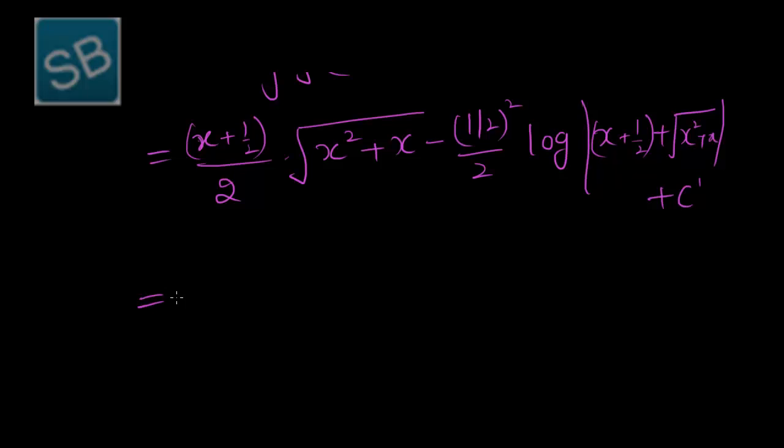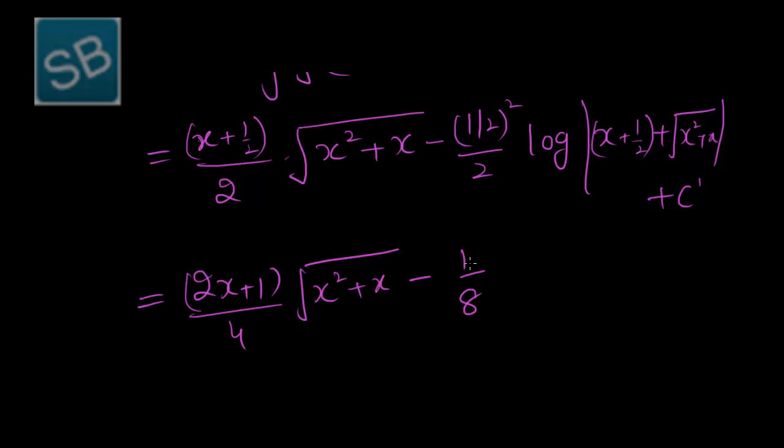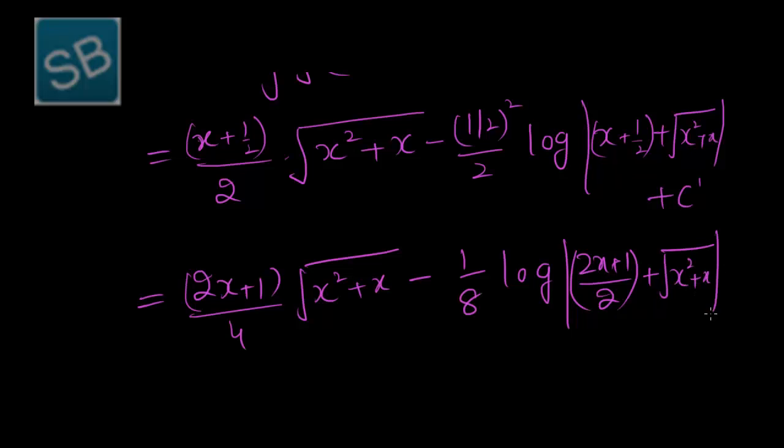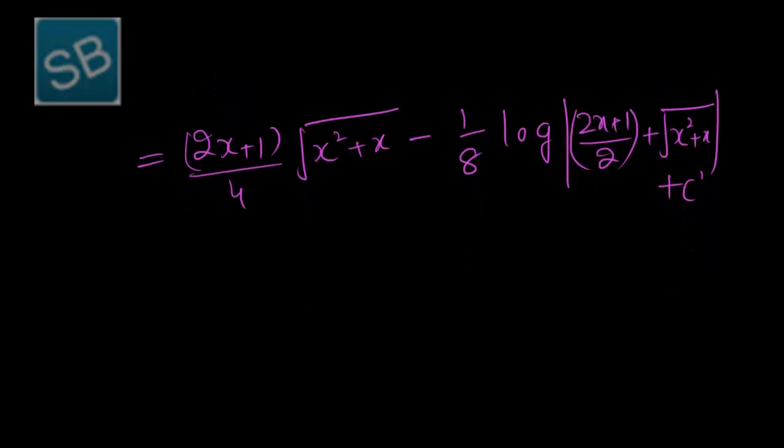So we get (2x plus 1) over 4 under root x square plus x, minus 1 by 4 into 1 by 2, that is minus 1 by 8, log of (2x plus 1) over 2 plus under root x square plus x, plus c dash.